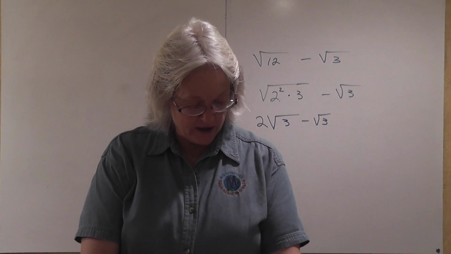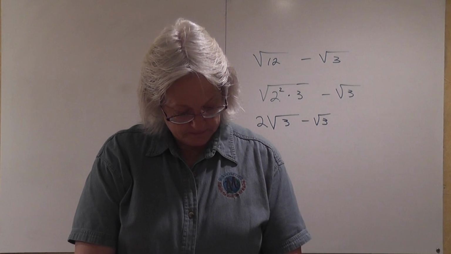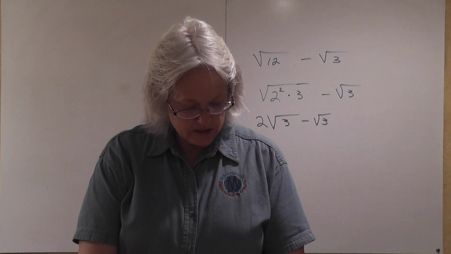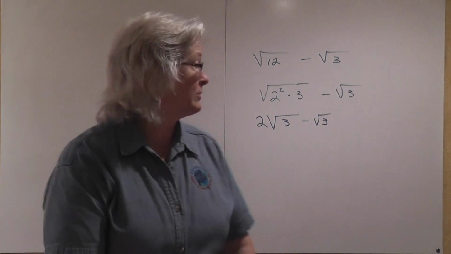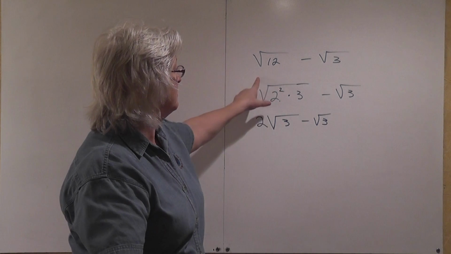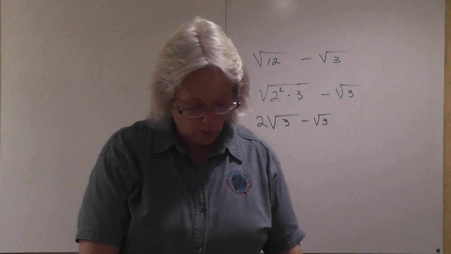Okay, this is what they call the general method of simplifying radicals. It's on page 400 of that Algebra 1 for Christian Schools by Bob Jones University Press. It says factor the radicand into primes, divide the exponent on each prime factor by the index. 2 divided by 2 is 1.